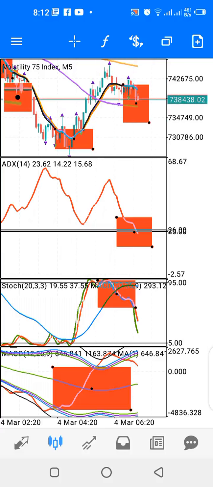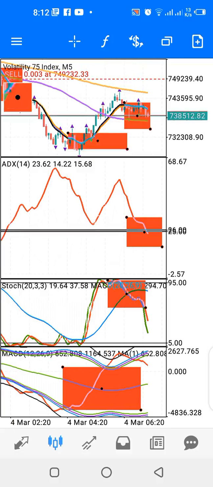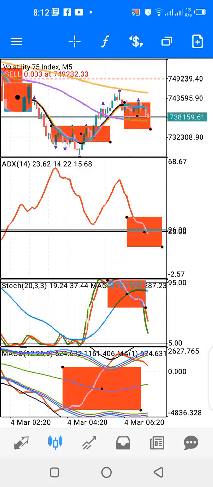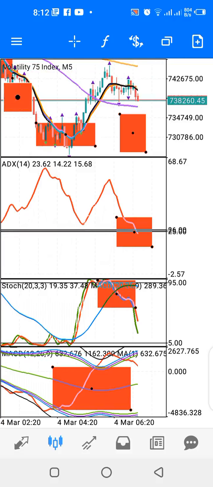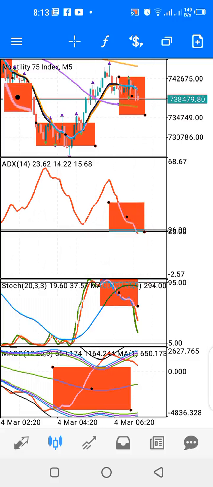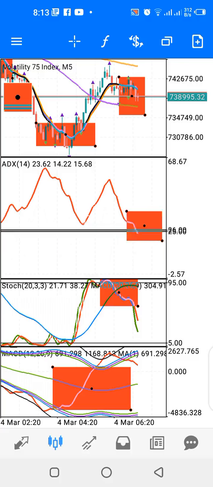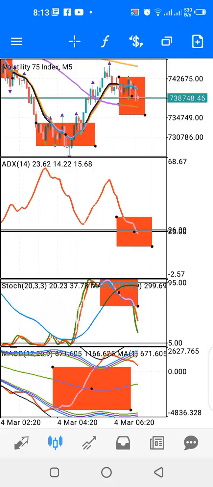If price drops below all the lines, we know we are in a bearish trend. In as much as the 200 moving average is above, we are in a bearish trend. So if price now drops below all moving averages, and this is already telling us to sell, then we can confidently place a sell if we do not want to stay inactive according to what ADX is telling us. But ADX is telling us to stay inactive, that we are possibly in a range, so we should allow the ADX line to pop up before we enter the trend or decide on our trade.